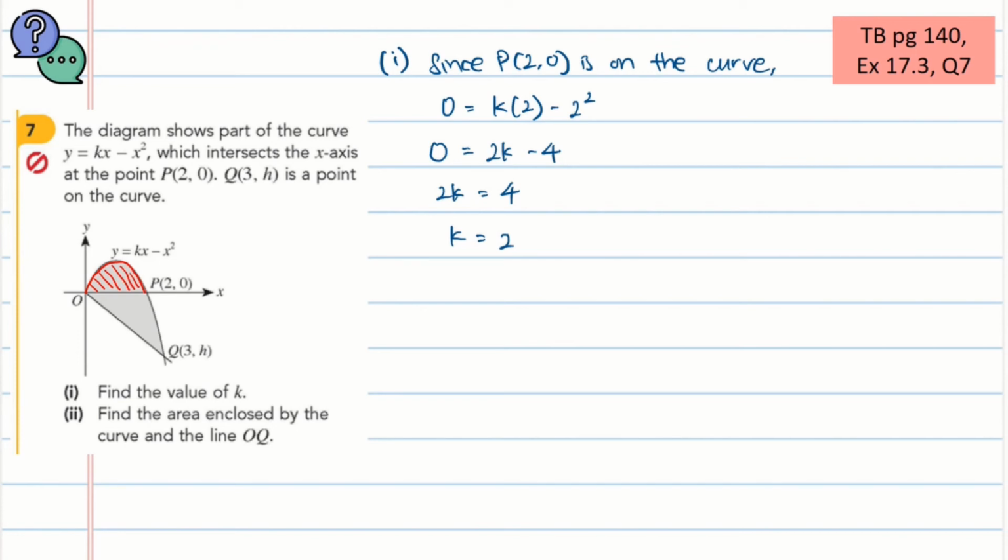If I were to do a definite integral from 0 to 2 of the curve function 2x minus x squared dx, it is only representative of this part that I have just shaded. Then what happens to this remaining part?